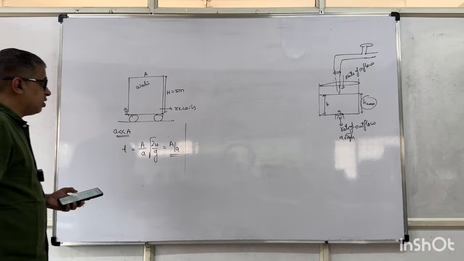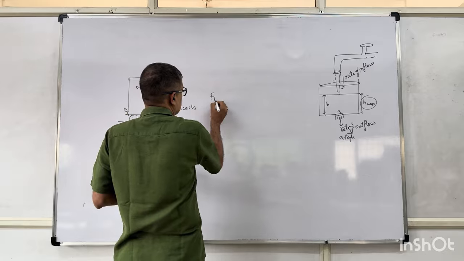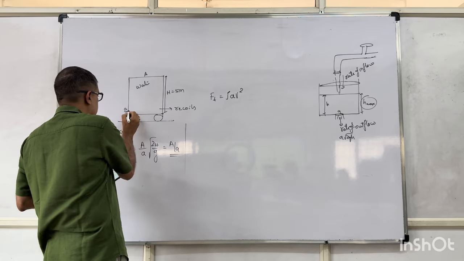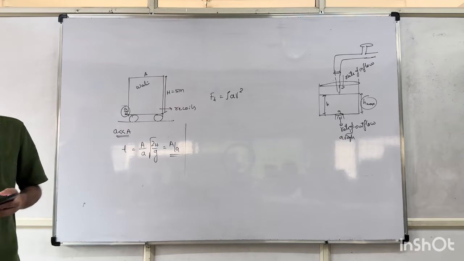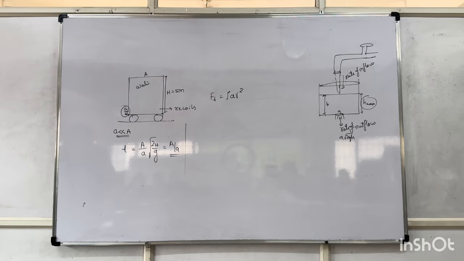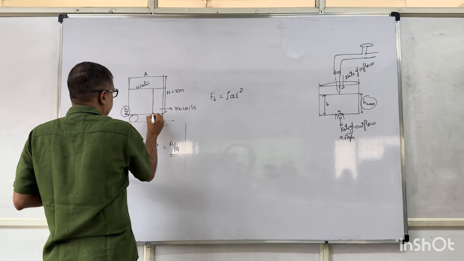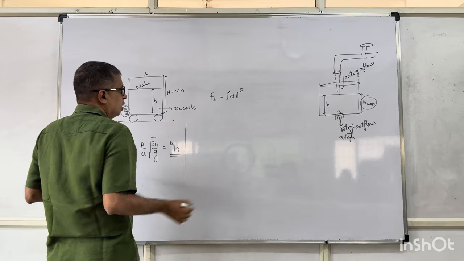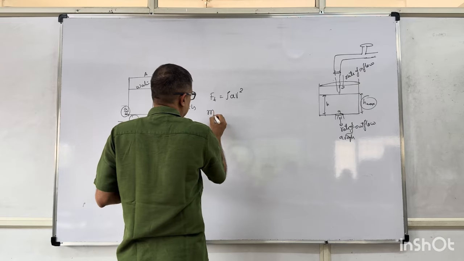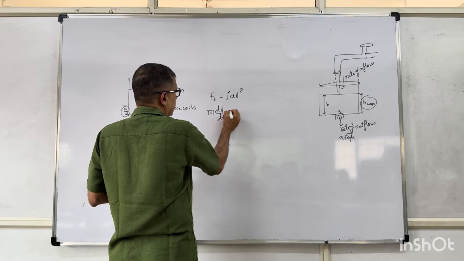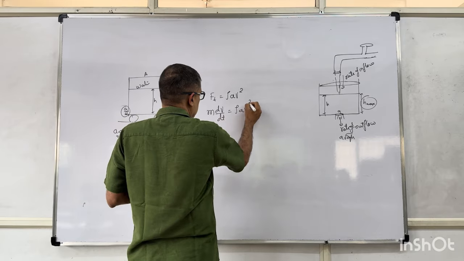Have a look at it. How much will be the thrust force on it? Thrust force is rho a V squared, where small a is the area of cross section of the orifice. That's what you told me then. I assume that at some instant of time the height is small h. In a short time interval dt, mass into dV by dt is rho a V squared.